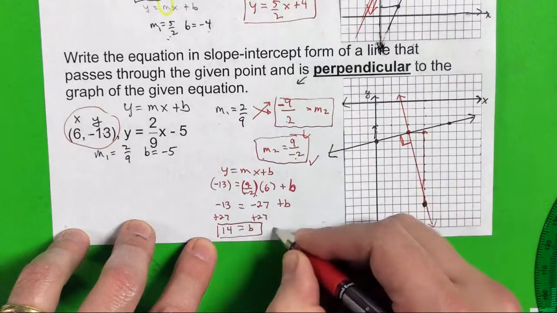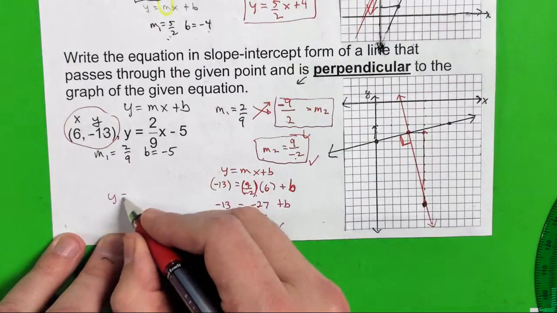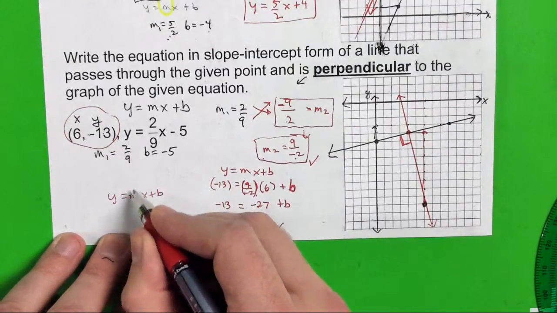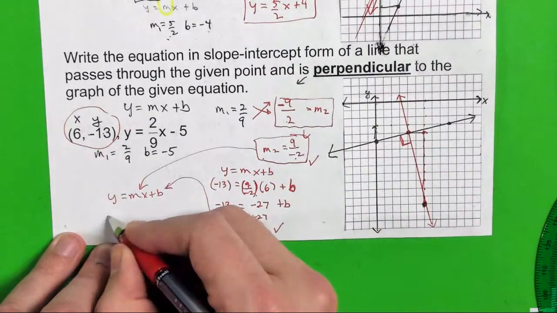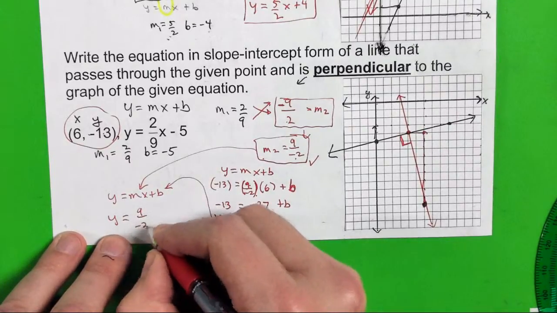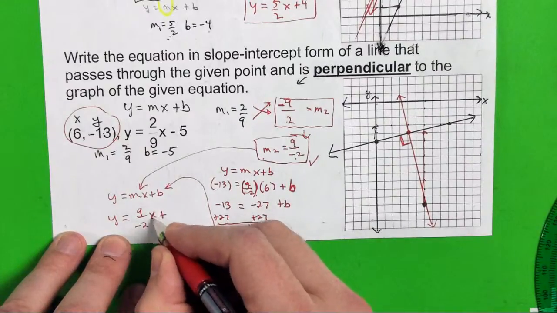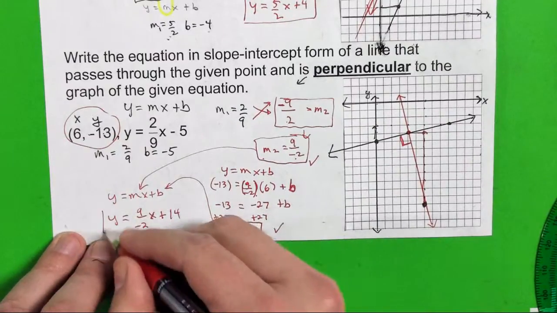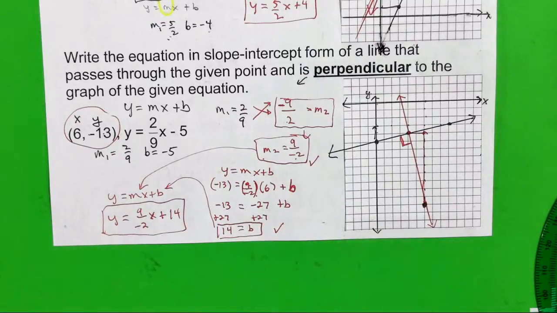Do I have m? Do I have b? So what's the equation? Y equals mx plus b. Let's put m in here. And let's put b in here. And we get y equals 9 divided by negative 2 x plus 14. Don't forget the x. This is the answer they want. If you put the negative in front of the 9 instead, that's fine.